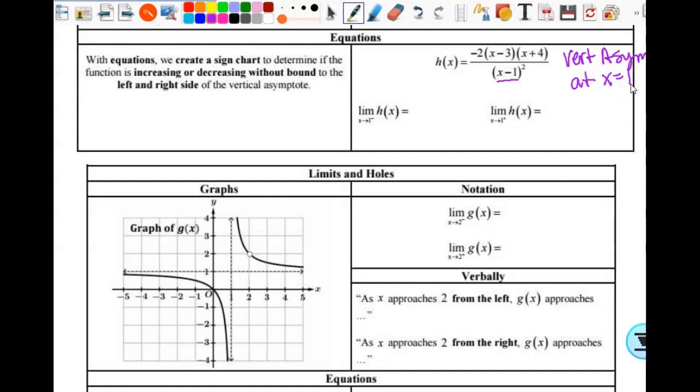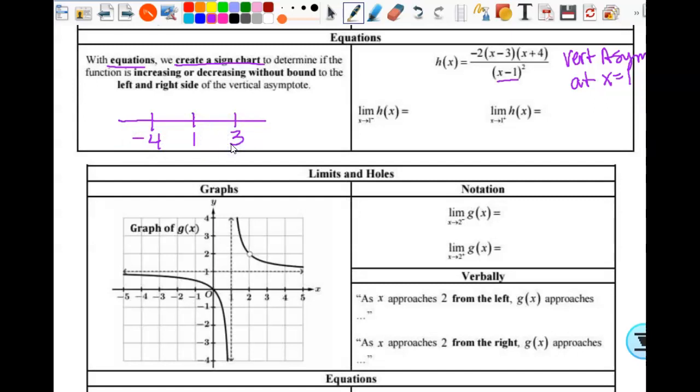And so I know my answer is either positive or negative infinity. I just got to figure out which one. And I figure out which one with the equations by creating a sign chart. So on my sign chart, I put my zeros and my asymptotes. So I have 3 things that go on there. I have a 0 at negative 4, an asymptote at 1, and a 0 at 3.